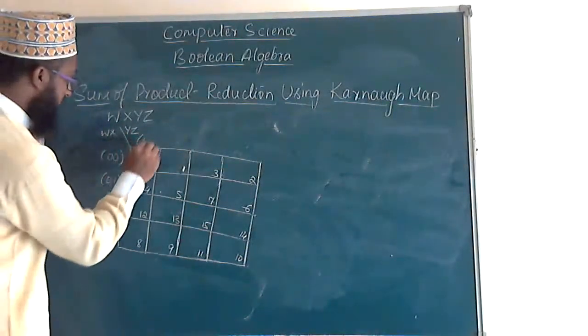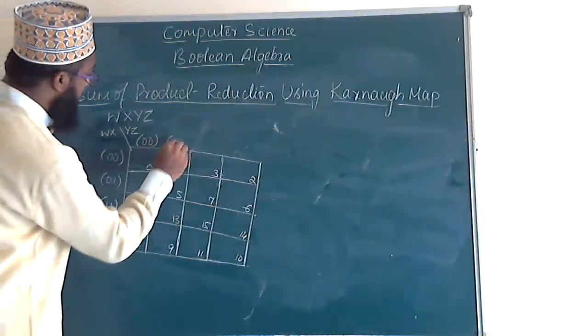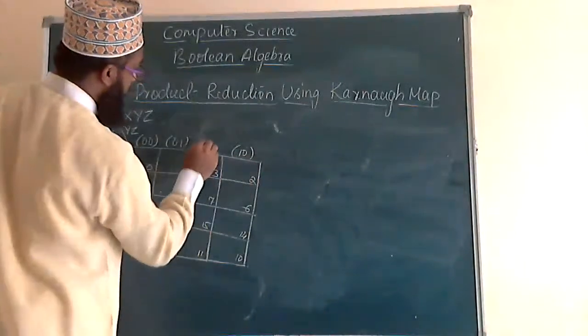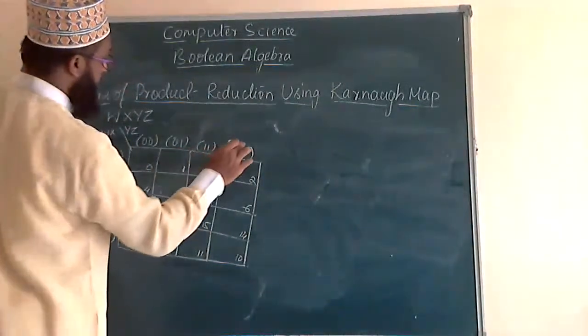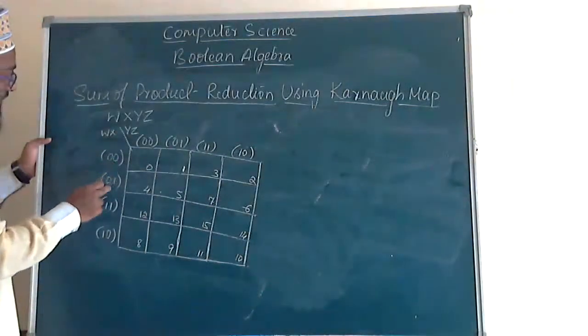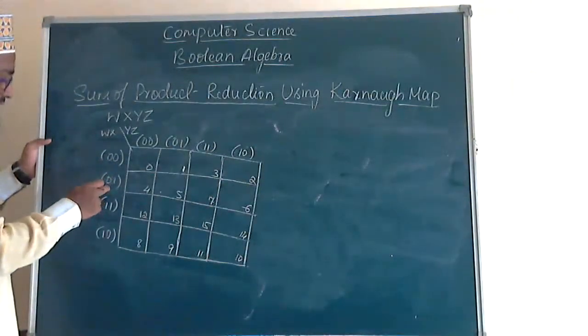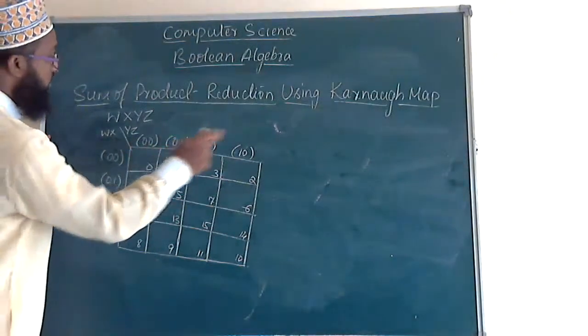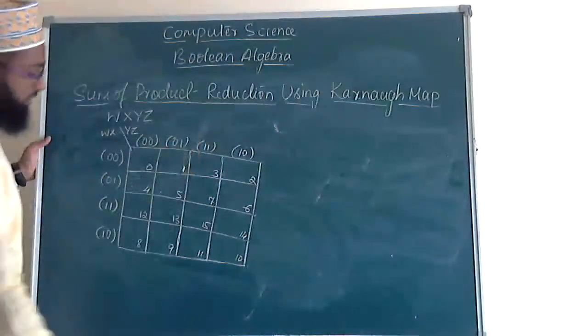Same here: 0 0, then 0 1. Come to last: 1 0, then 1 1. Like this we have to number. Here giving names: 0 0, 0 1, then 1 0, then 1 1. Here 0 0, 0 1, after that 1 0, 1 1.